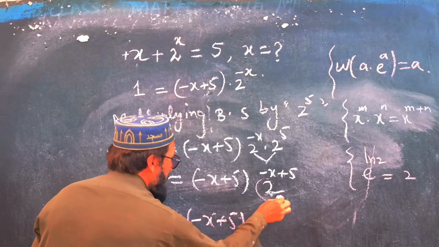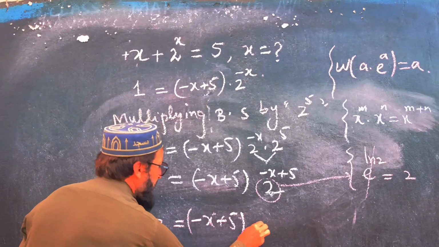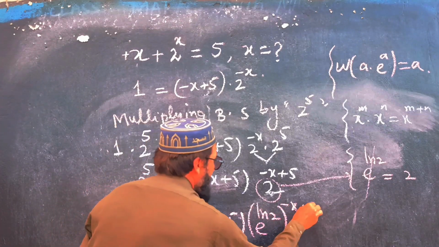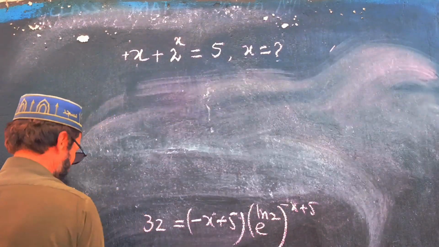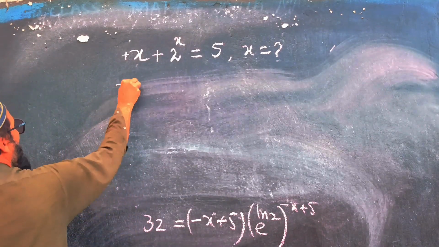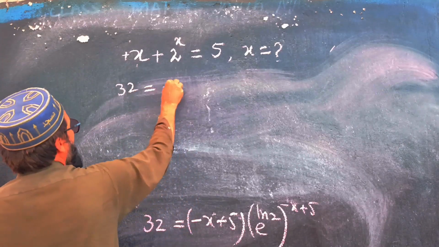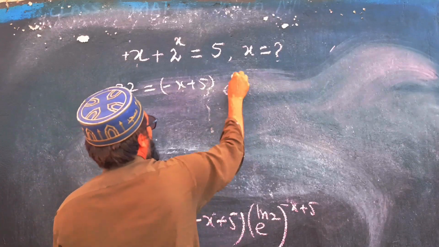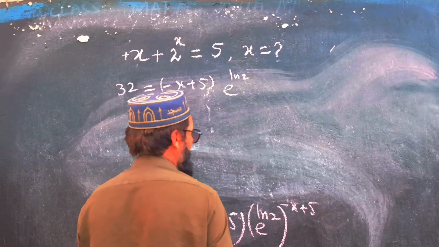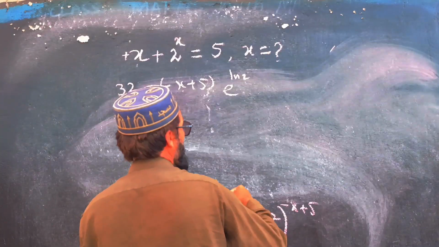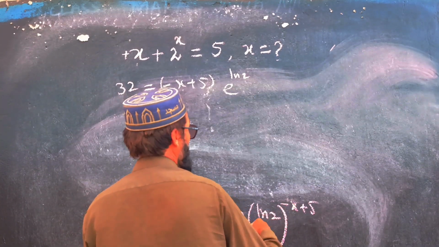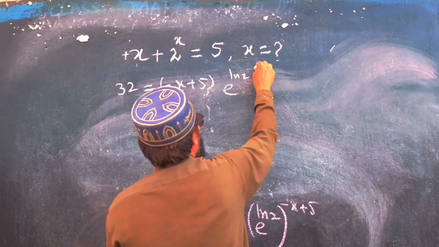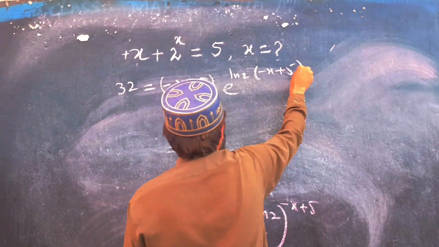And this 2 we can write in the form of e exponent of log of 2, whole exponent of minus x plus 5. After this, 32 is equal to minus x plus 5 into e exponent of log of 2. If we multiply this exponent, we get e exponent of log of 2 times minus x plus 5.